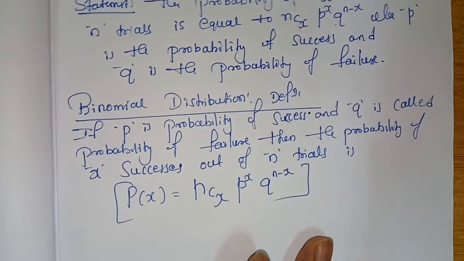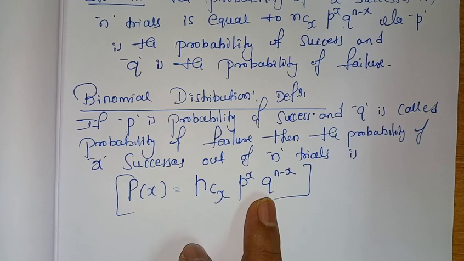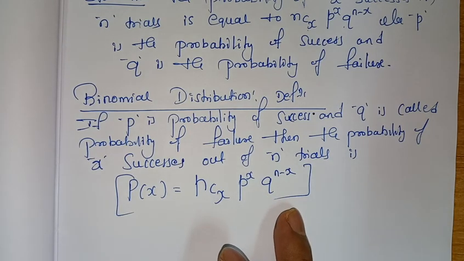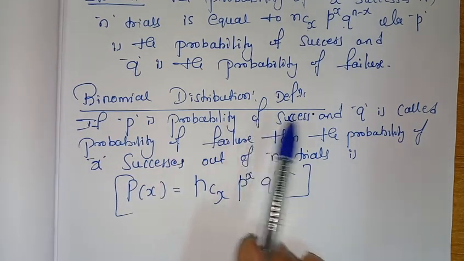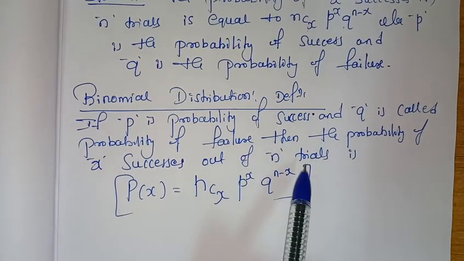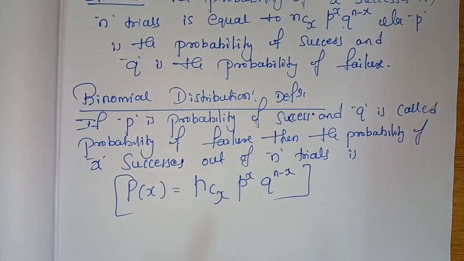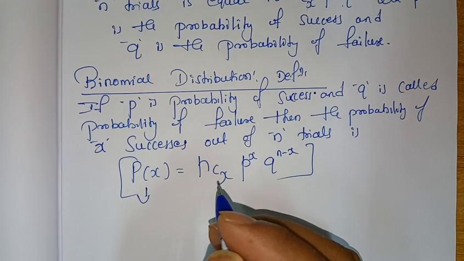Why is binomial distribution used? When we have a large number of trials, we use the binomial distribution concept. That is why it mentions the probability of success and failure, then the probability of X successes out of n trials. Now from this we will write the distribution table.